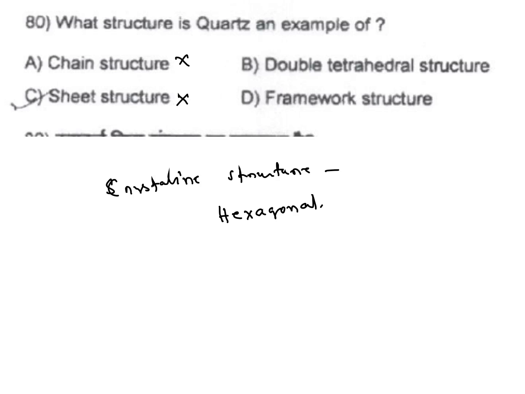It's a tetrahedral structure or framework structure. You check it on the internet or in any book, and if you get it, then comment. Either it is B or D. It's a tetrahedral structure, but whether it is a double tetrahedral structure or not, you have to check.